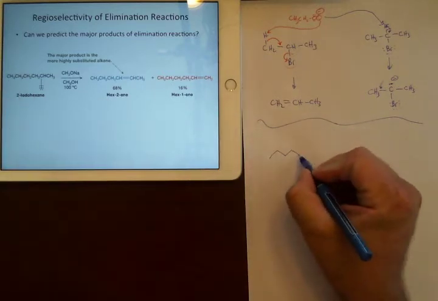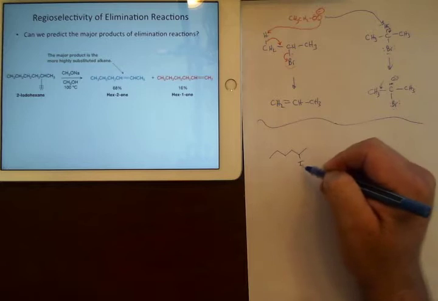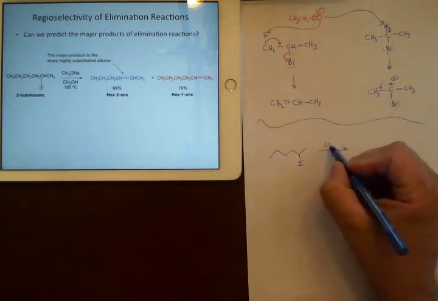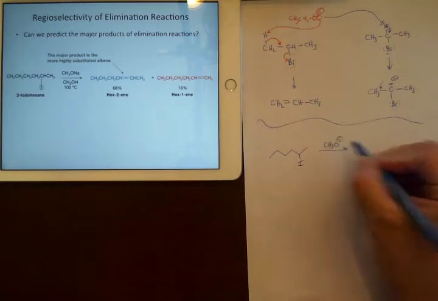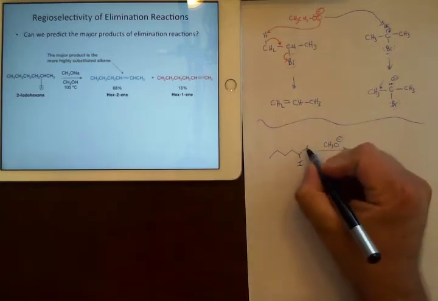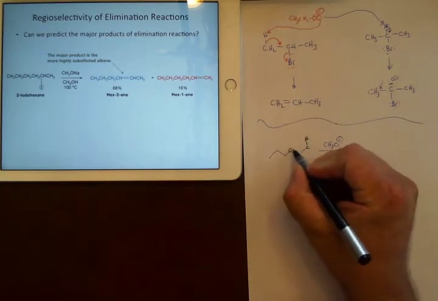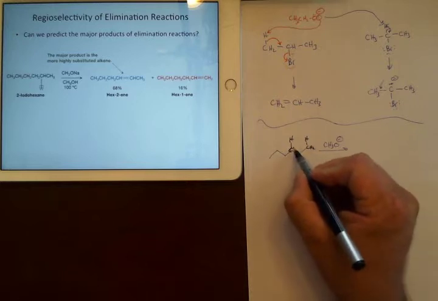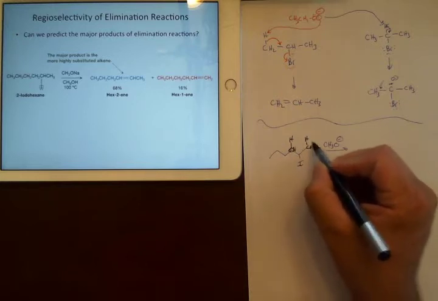The iodine is here. When you add base, what we need is at least one CH bond that the base can rip away. So here it's CH2, here it's CH2, and this is CH3.